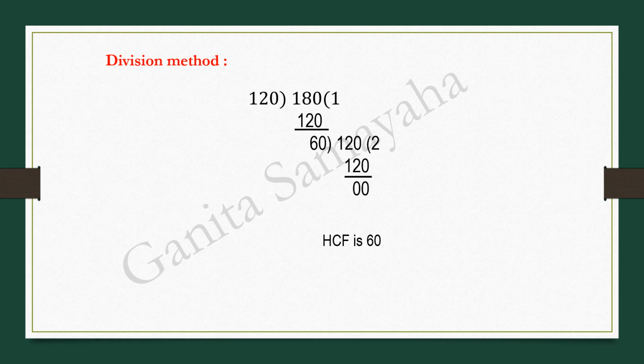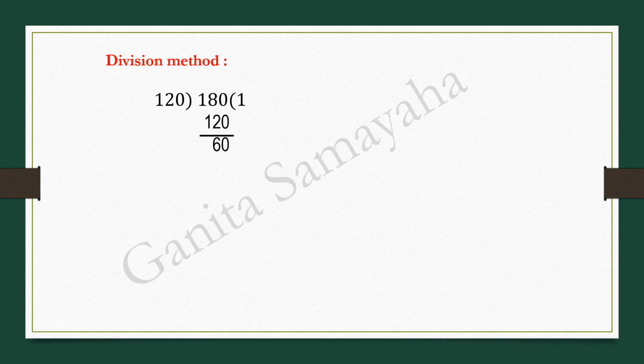Now we will use this method to decipher yet another method. Okay, children, shall we go through that? Consider just this first part, 180 being divided by 120. In our lower classes, we would have done one cross checking to see whether our division is correct or not. What did we do?